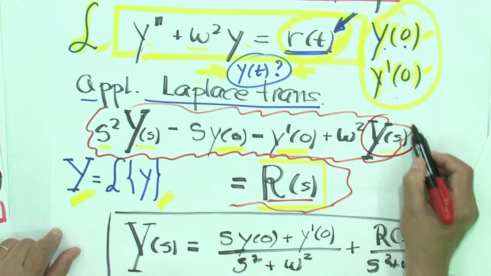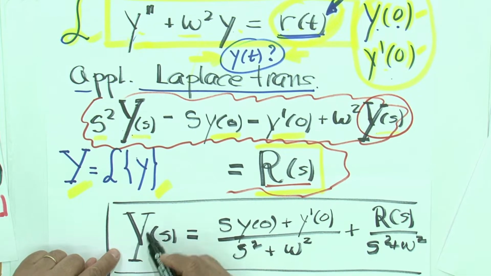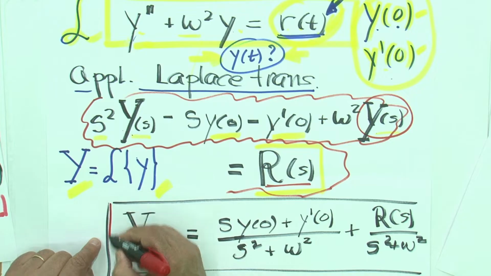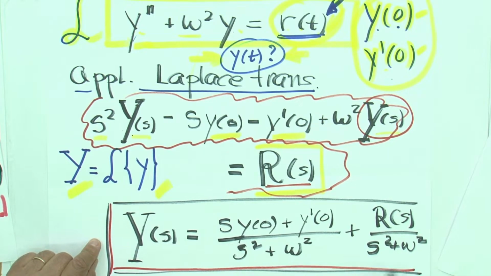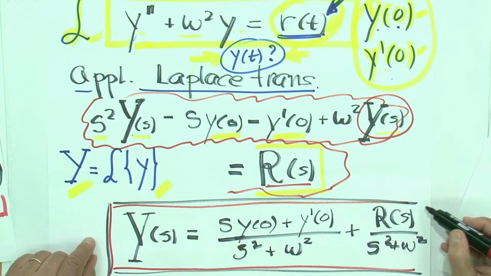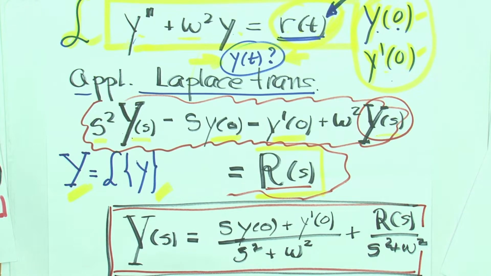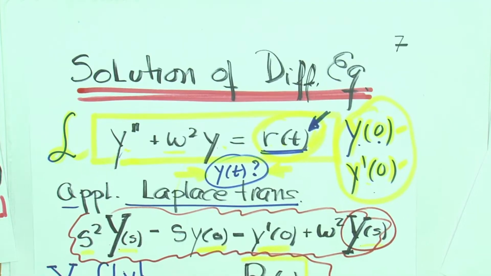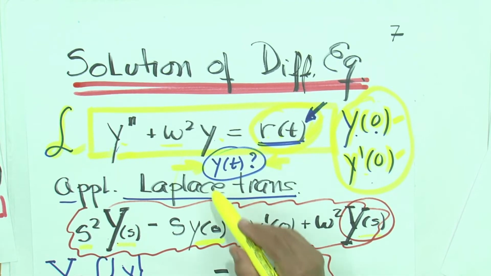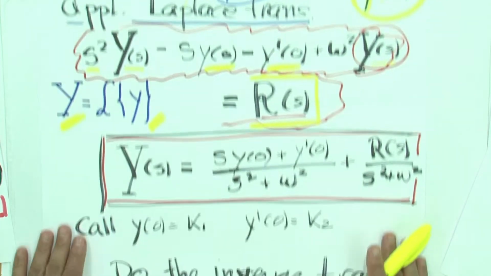So, solving this equation for capital Y of s, we have this. This is the solution for Y of s, which is the Laplace transform of the solution of the original equation, which is the small y of t.